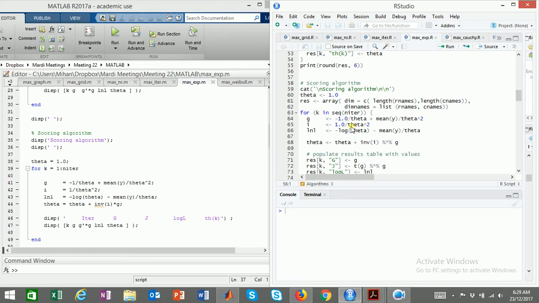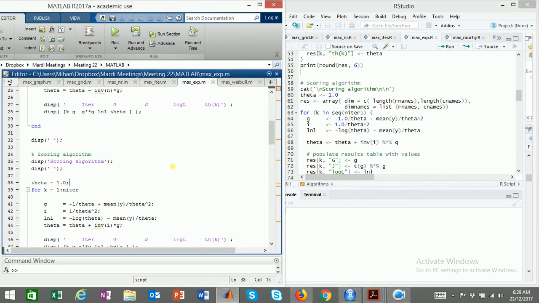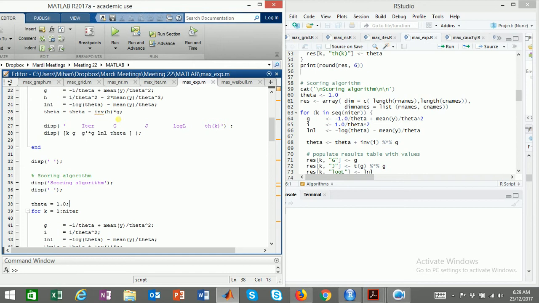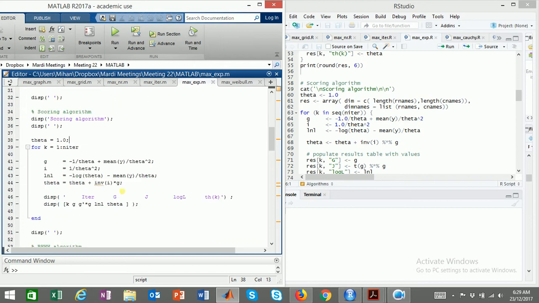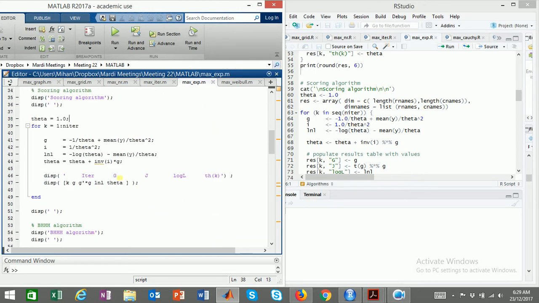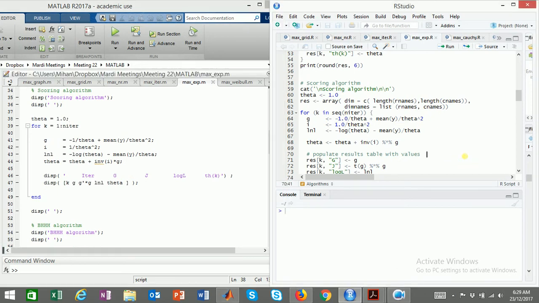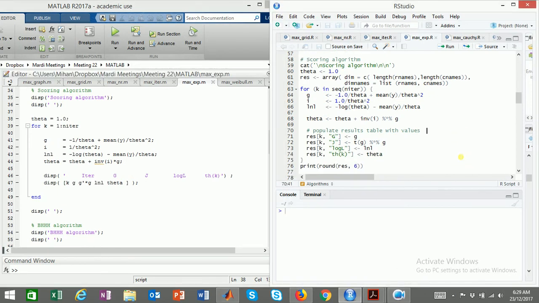Theta remains the same, theta multiplied by inverse of I, G multiplied by inverse of I, that's all. G multiplied by inverse of H, negative Hessian, positive information matrix, which is 1 by theta square.